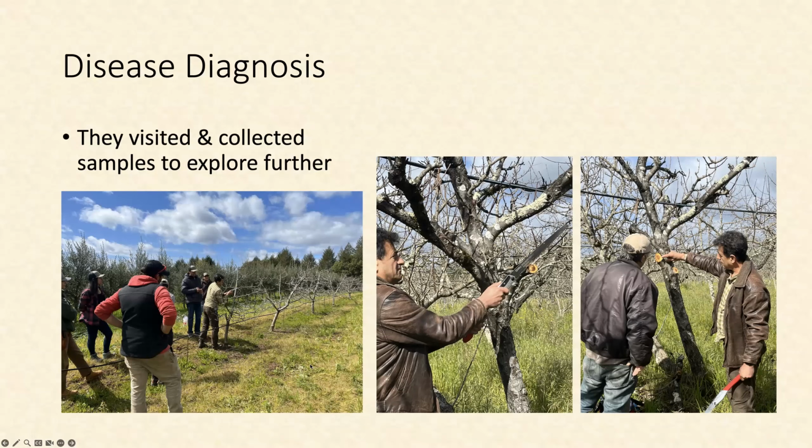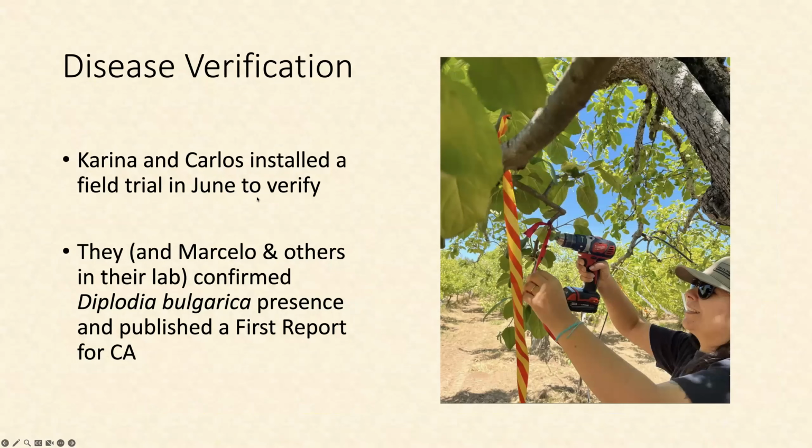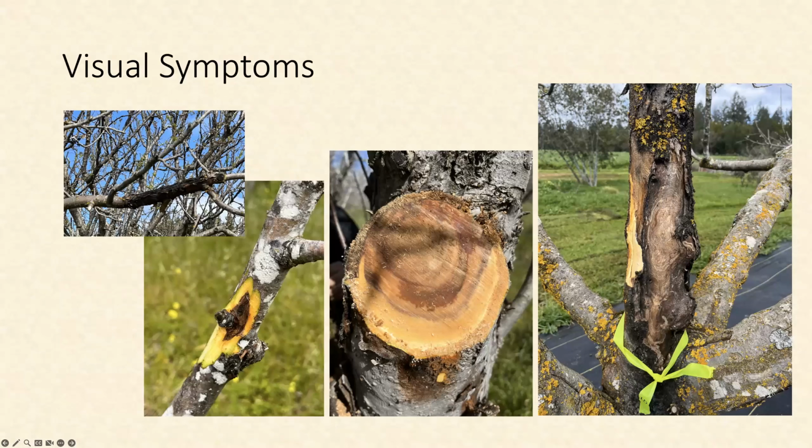So here's a keef in the orchard. We were collecting samples so they could look into this more. And then Karina and Carlos installed the field trial that she described. And then they and others confirmed the presence of many pathogens, including Diplodia bulgarica, and published that first report that she mentioned, which is open access if anyone would like to look at it.